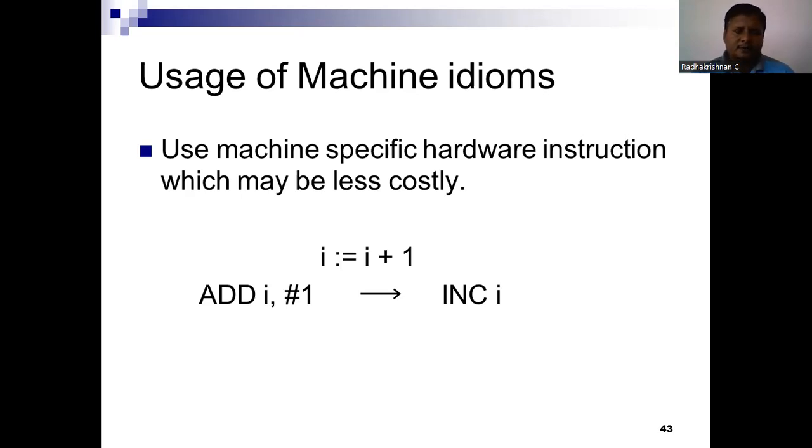But with machine idioms we replace this with, for example, the increment operator. I = I + 1, that means A = A + 1, so the increment operator on the variable performs the increment operation simply.